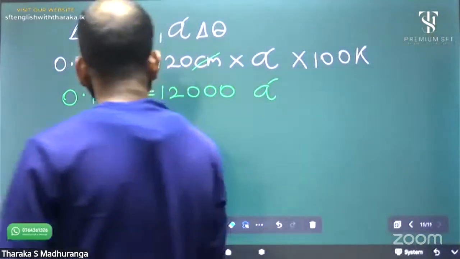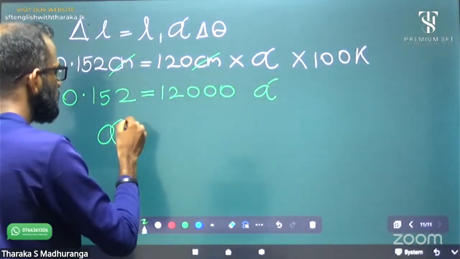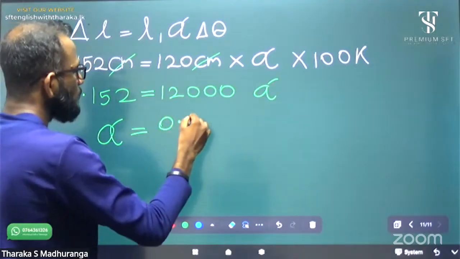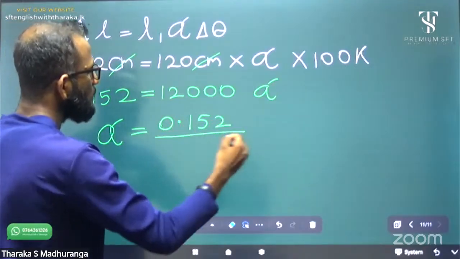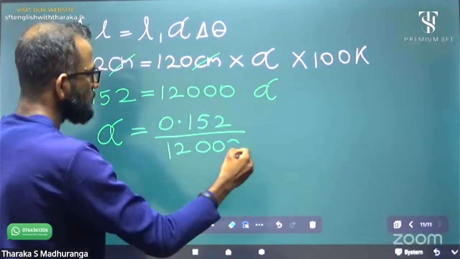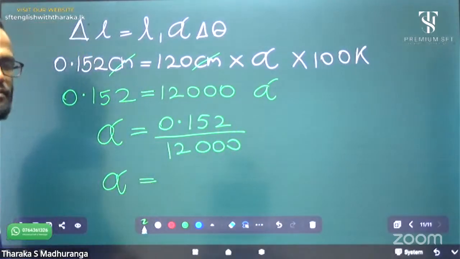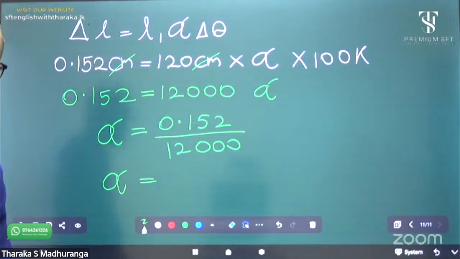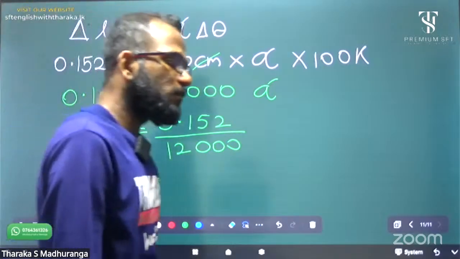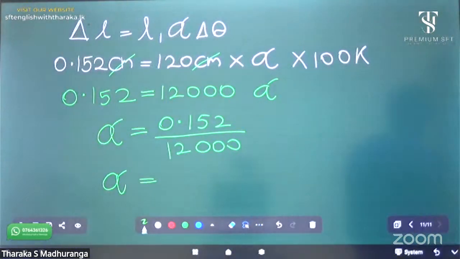Now alpha equal 0.152 divided by 12,000. Then what is the alpha value? Calculate quickly. 0.152 divided by 12,000.